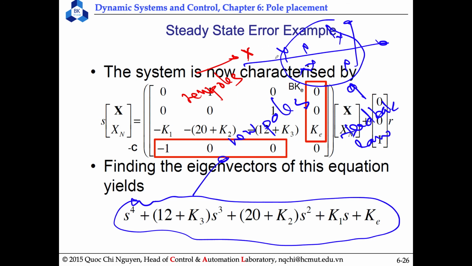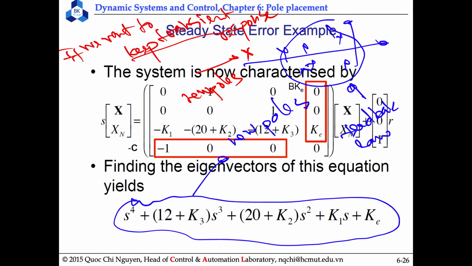If we want to keep the transient response, we don't allow the new pole to affect the transient response of the system.